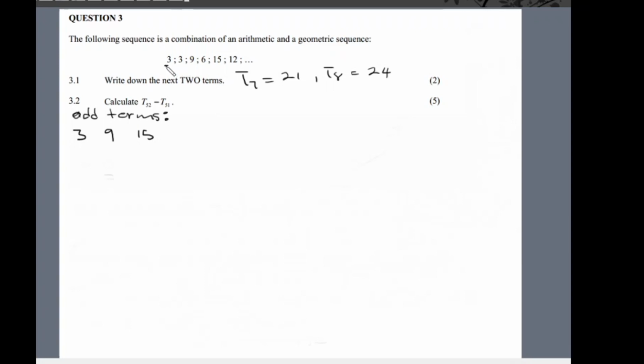These are T1, T3, and T5. They form an arithmetic sequence. And then we want to know the value of T51. T51 is a term of the arithmetic sequence, right?